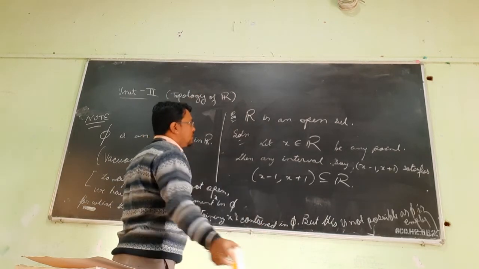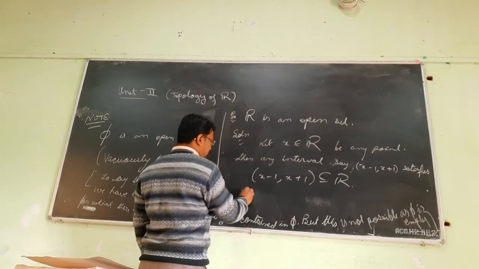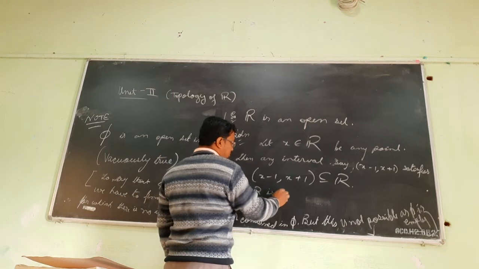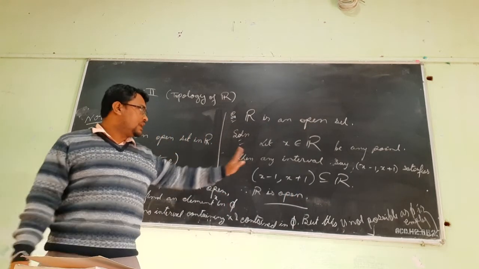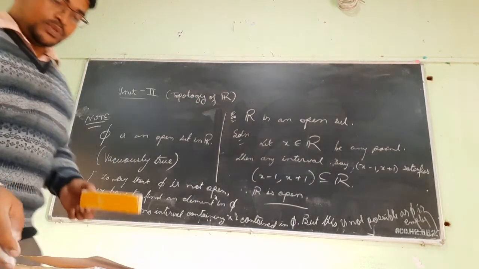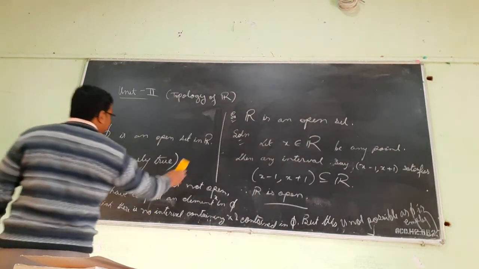So therefore R is an open set. So this has proof: the set of real numbers is open.